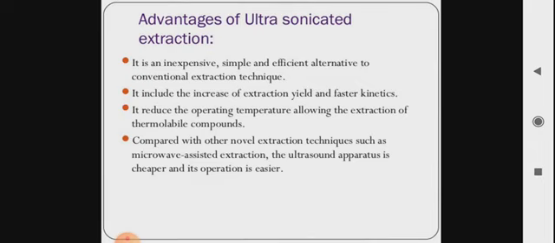So almost no heat is generated, which is why it is suitable for thermolabile constituents. Compared with other novel extraction techniques such as microwave assisted extraction, the ultrasound apparatus is cheaper and its operation is easier.